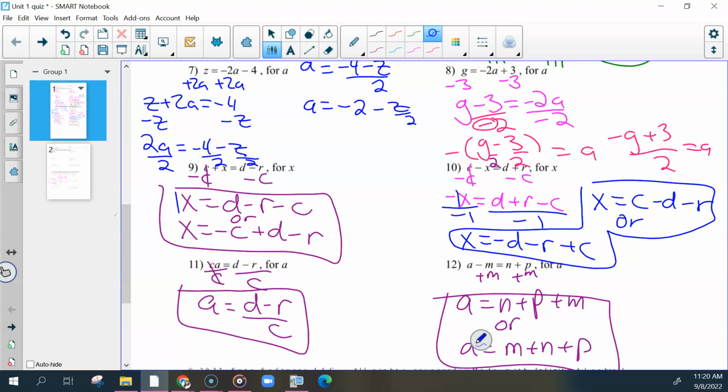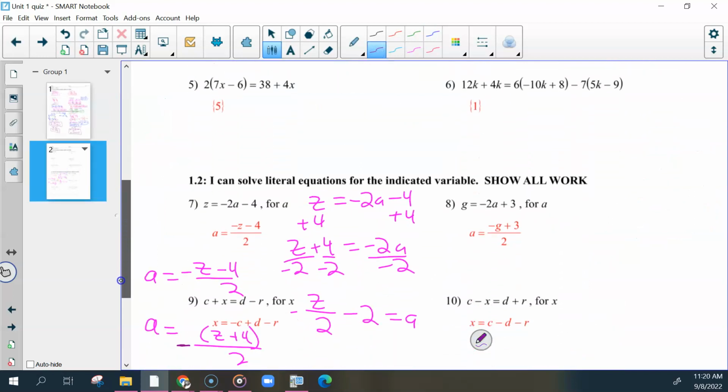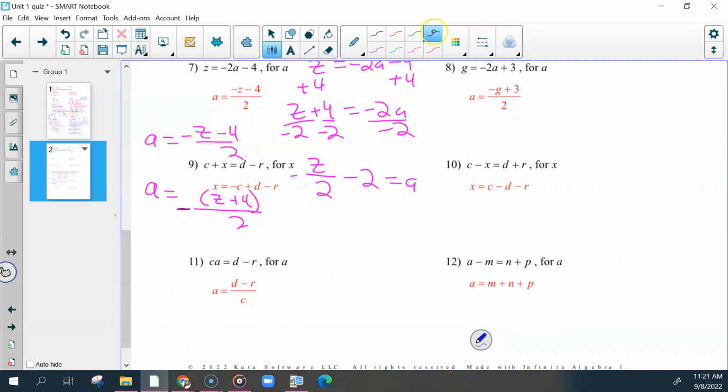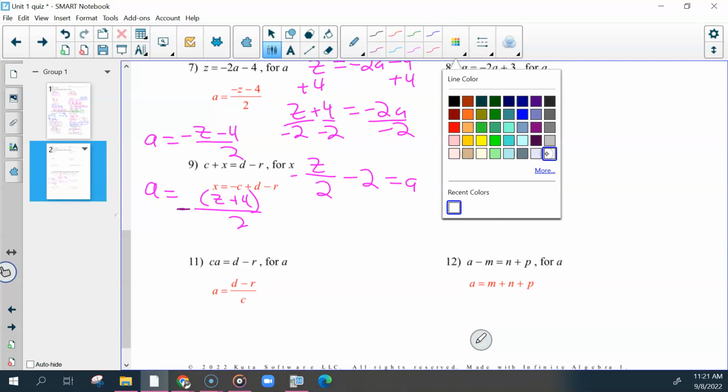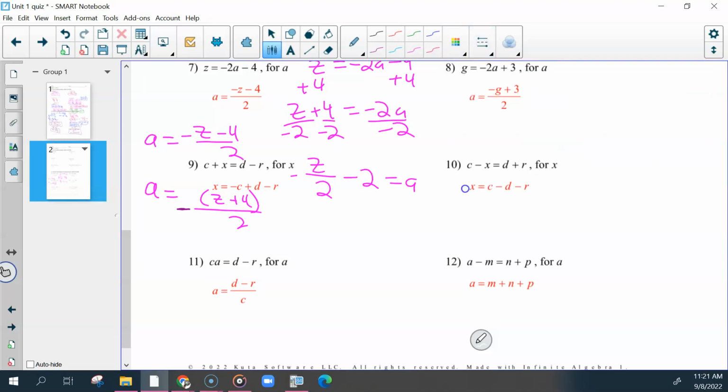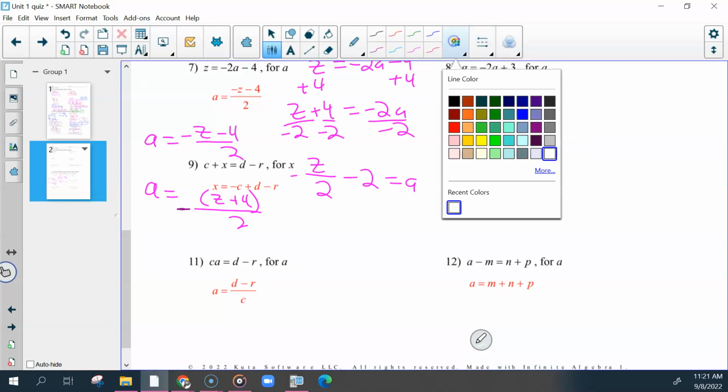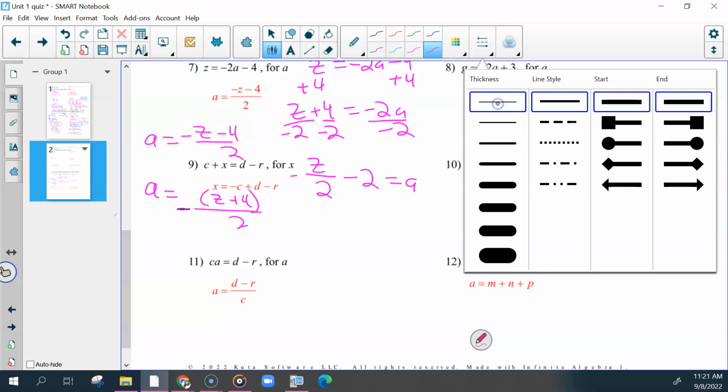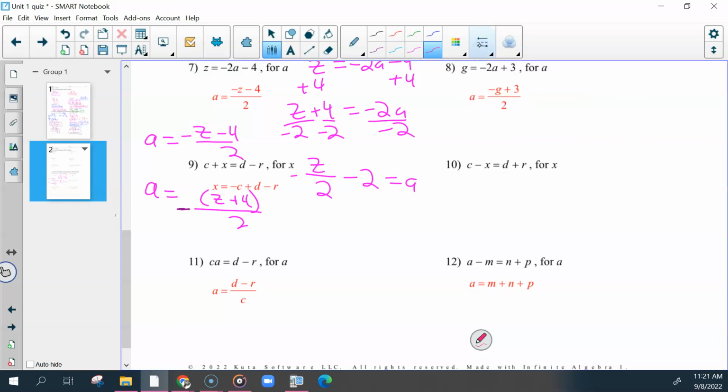The other way you could do this is avoid dividing by the negative, which is similar to something we did above. So instead, if I chose to move X over, add X to the other side.